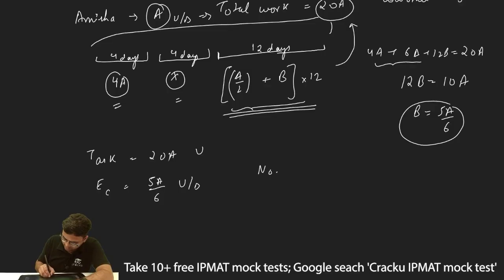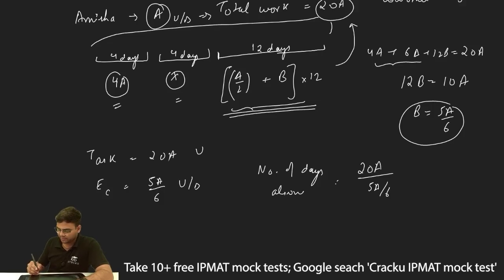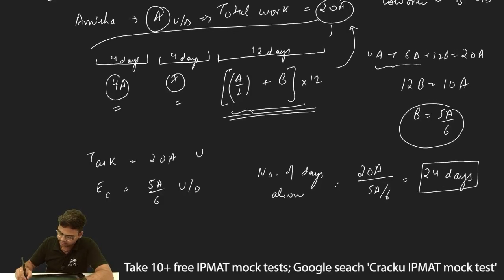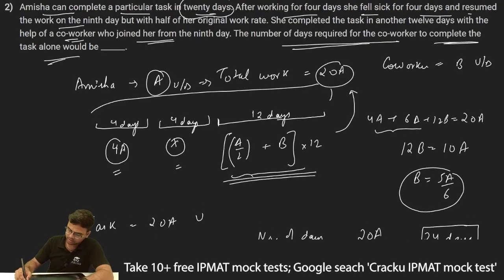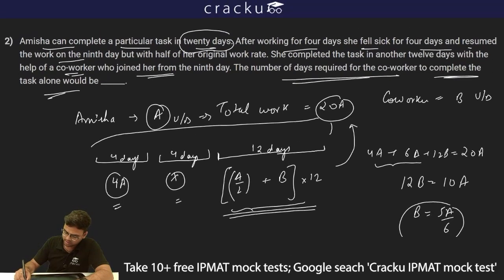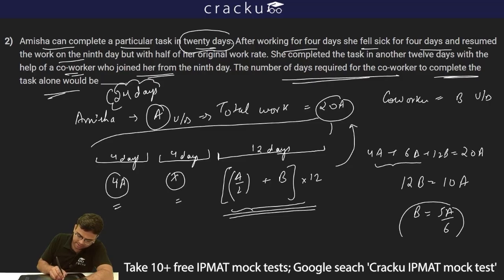So number of days working alone will be equal to task 20A divided by efficiency 5A by 6, which will be equal to 24 days. This is a short answer type question. The co-worker will take 24 days when he is working alone.